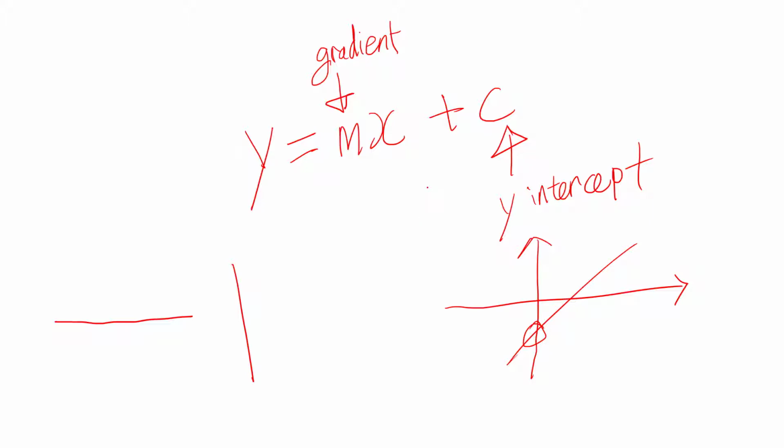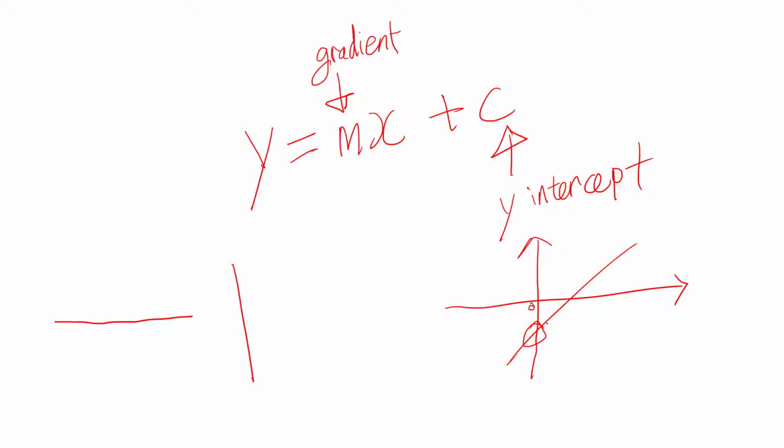So if they give you the formula, straight away you can easily find the gradient. And if they say the curve cuts the y-axis, straight away the value is c. So the y-intercept is when x is equal to 0, because you can see over here x is equal to 0.